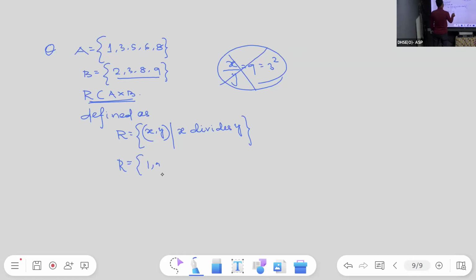1, 2, 1, 3, 1, 8, 1, 9, 3, 3, 3, 9, 8, 8.